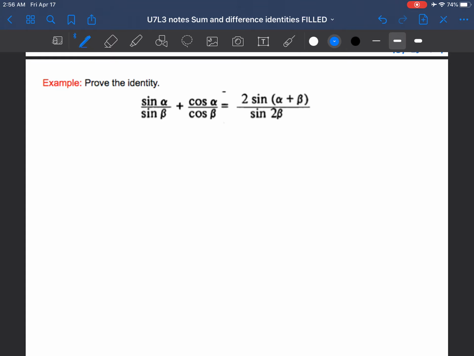So I'm going to start with the left side and say I want a common denominator. So I'm going to write the left-hand side, the LHS, is equal to, so the common denominator, I need both of these. So in this first term, I'm going to multiply by cosine beta, top and bottom. In the second term, I'm going to multiply by sine beta, top and bottom.